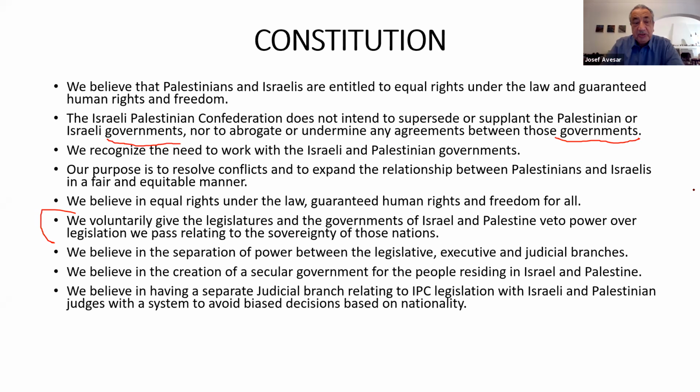Okay, so what would you say is the first thing the Israelis would be concerned about? Security? Absolutely. Okay, that will be the starting point.